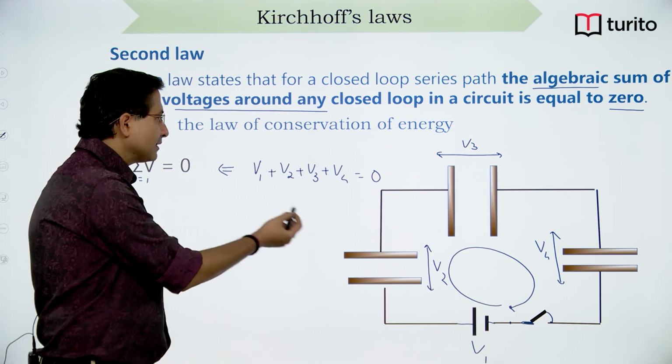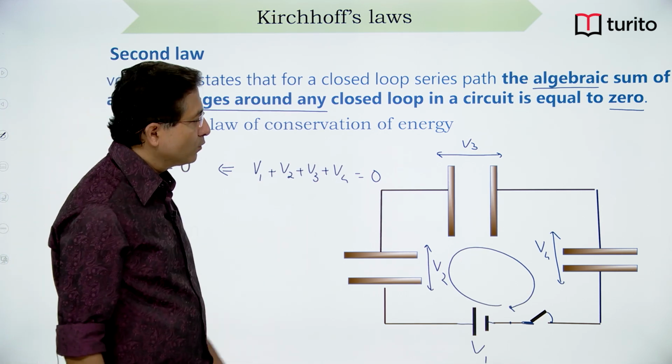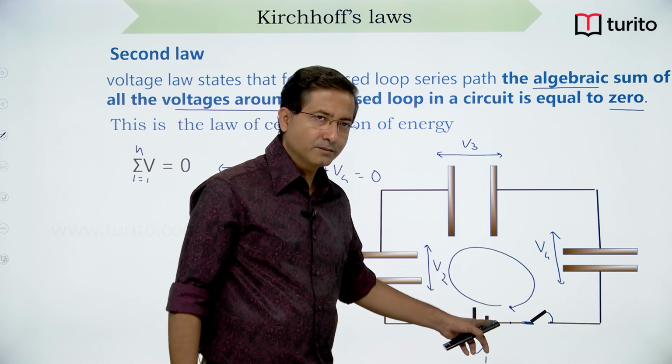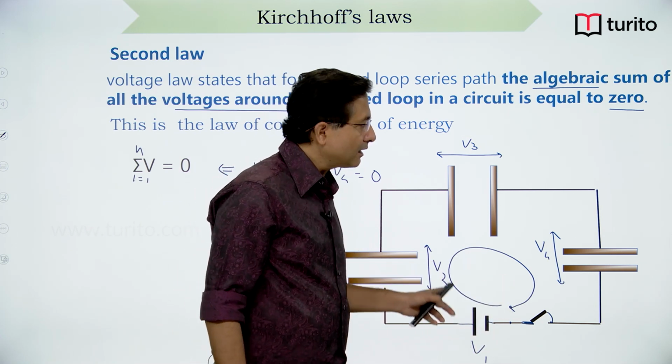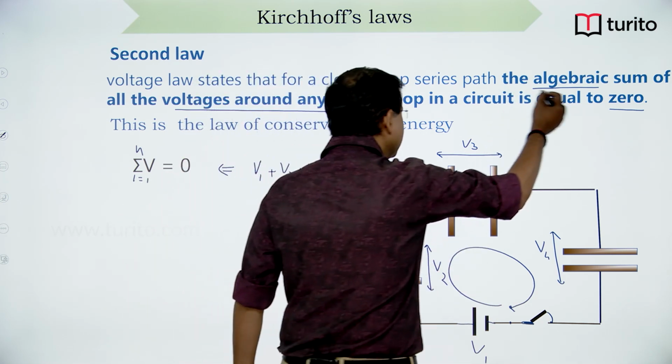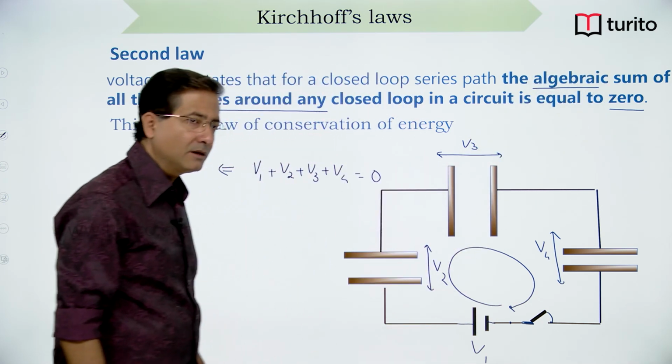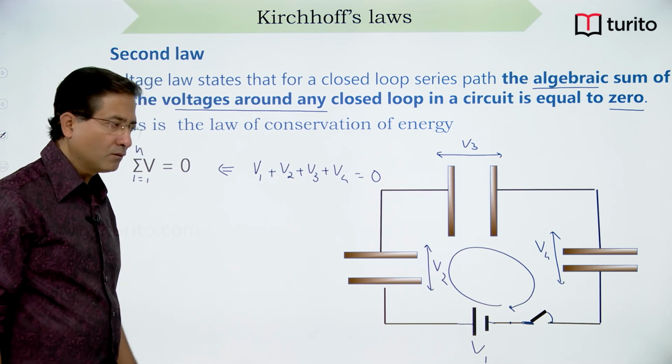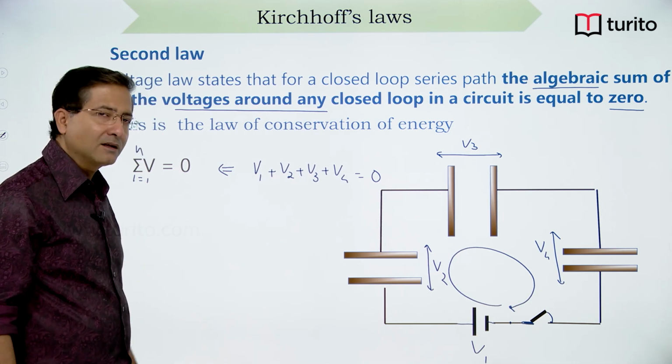So, I can directly say that while moving in a closed loop, if I start adding all the voltages algebraically, then the sum has to be 0. This is the voltage law, and there is nothing new in this one.